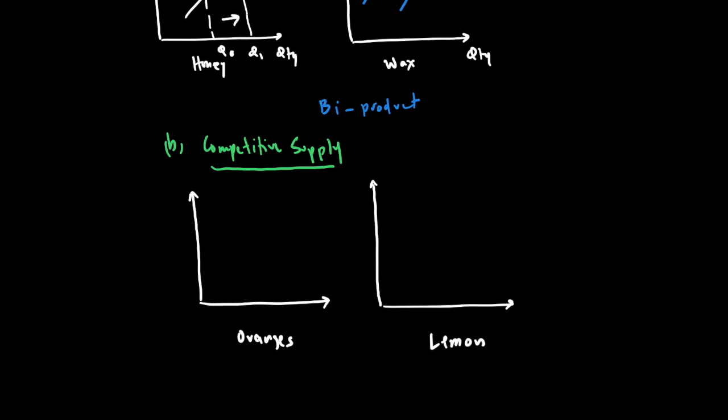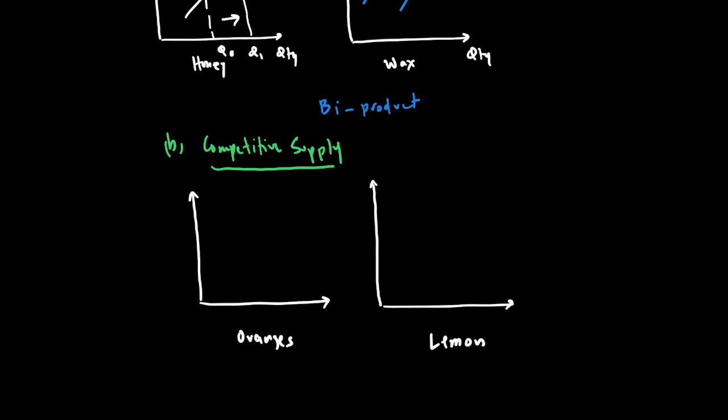And so, for example, if farmers are focusing more on the production of oranges, which means they are dedicating more of the land for orange production, because let's say they find it more profitable, the impact would be that less of the land or resources will be available for lemons, and because of that, the supply should fall. So how do I show that in terms of a diagram?